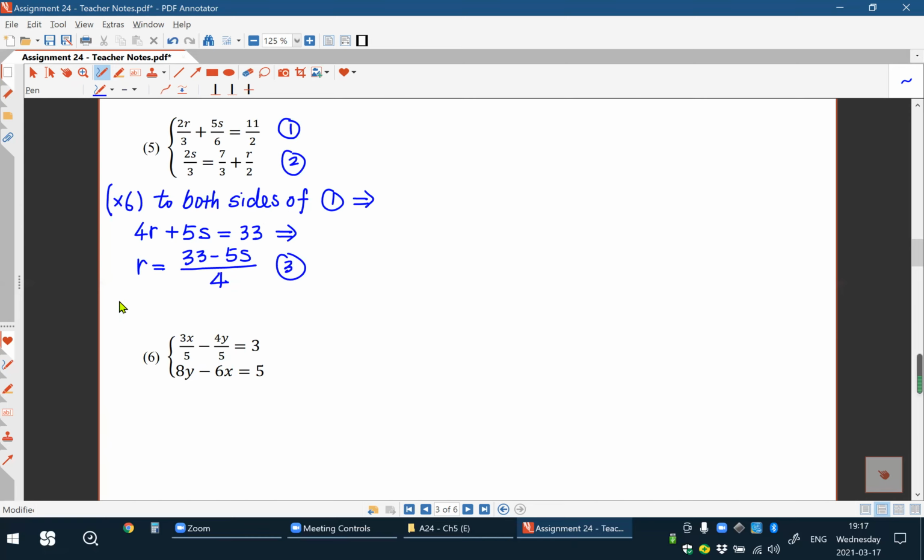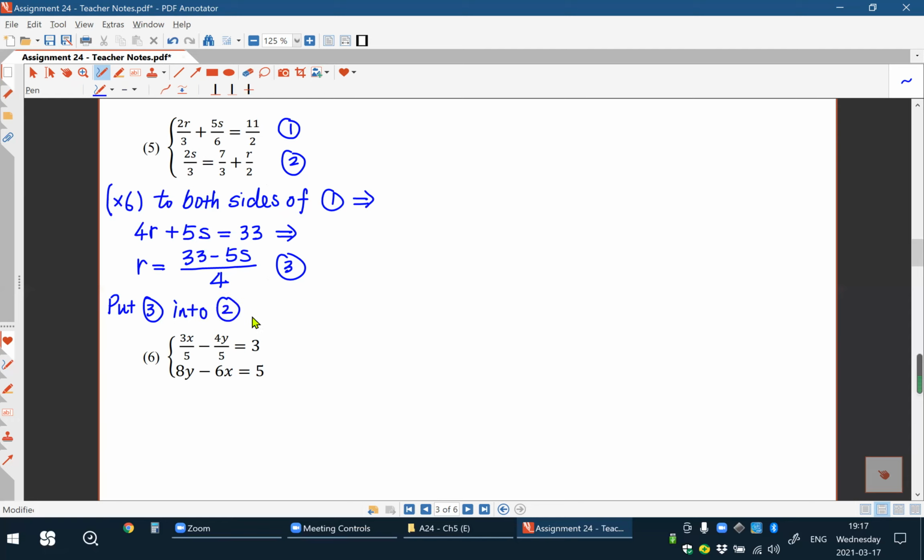Then we can put 3 into number 2, right? Do not put it back into number 1 because it's derived from number 1. You can't put it back. If you put it back, of course, number 1 will hold, right? That will not help you to solve this question. So let's put number 3 into number 2 because we haven't used number 2 yet, right?